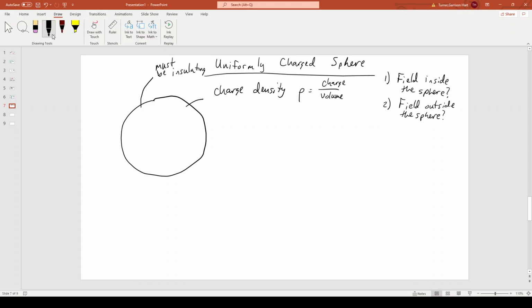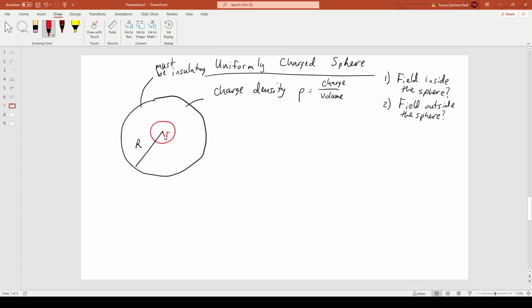So inside, we draw a Gaussian surface, and because this is a sphere, we'll draw a spherical symmetry. And we will say that our large, the actually charged object, has a radius of capital R. And we will say that our Gaussian surface has a radius of little r.